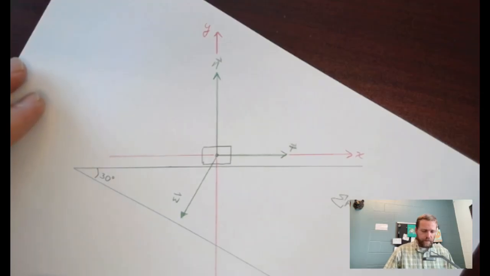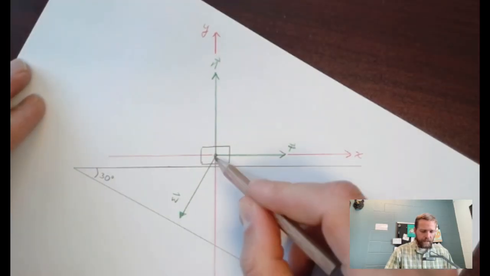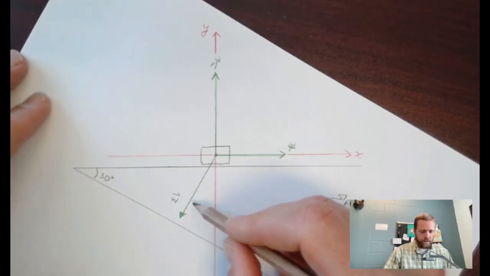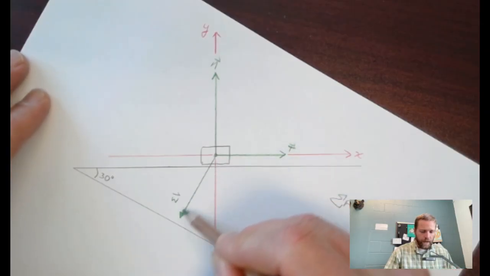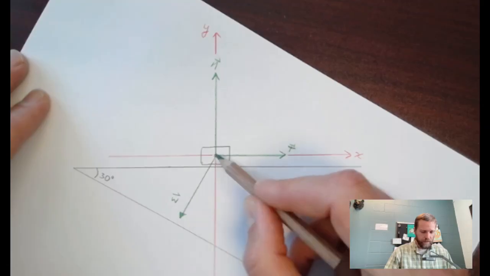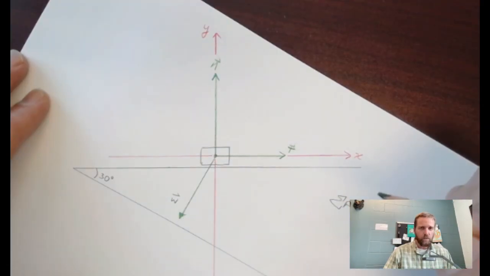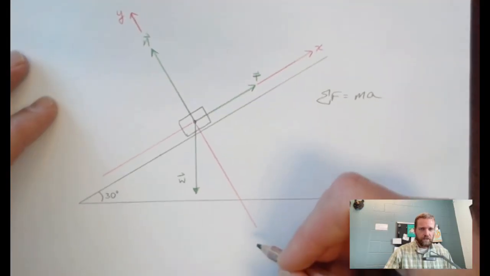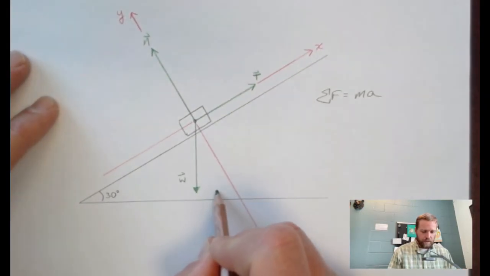So this force right here, the weight, I'm going to break it into its component vectors. You have to remember that the weight vector is the hypotenuse of the triangle that we're going to draw. I need to find out what the two short legs are. So do not draw a horizontal line this way.